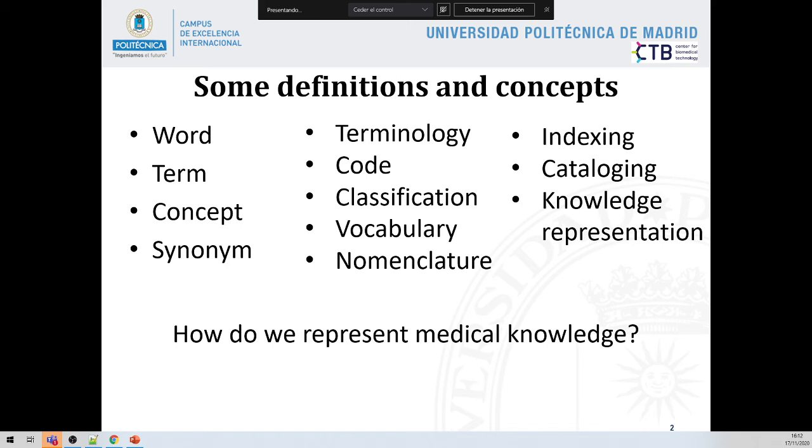For example, for laboratory processes, we will obtain something with units. The concepts can also be negated. Some condition may not have an associated symptom, or may not have a certain mutation in a gene. And in a lot of things, time is also involved in medical knowledge representation.